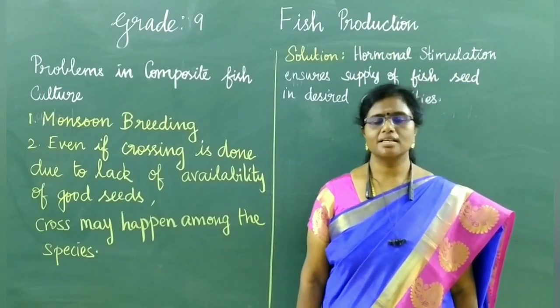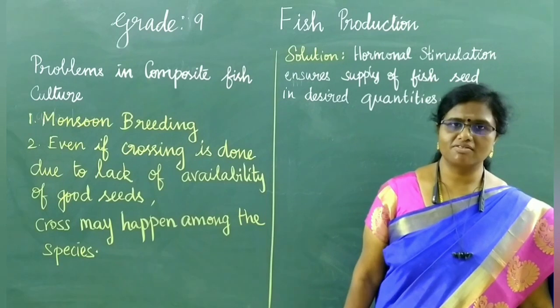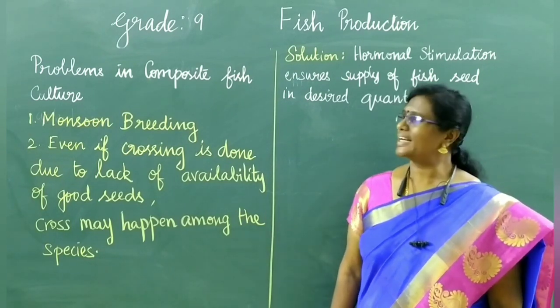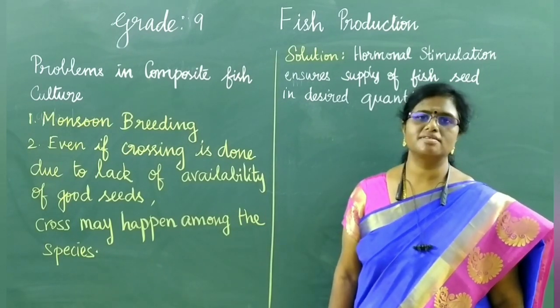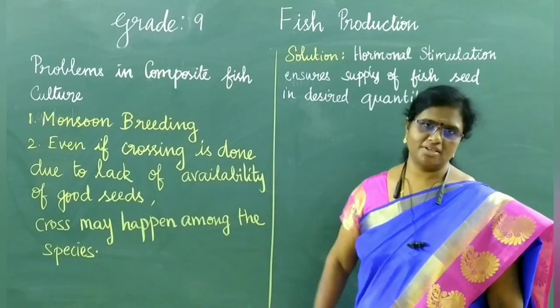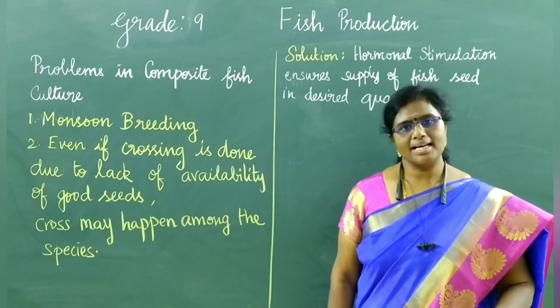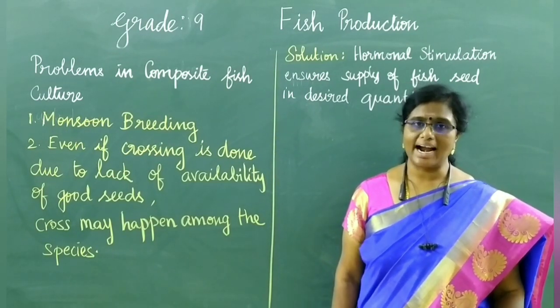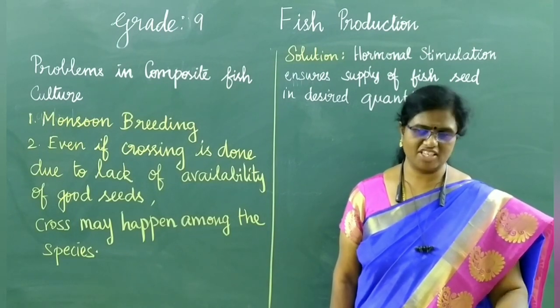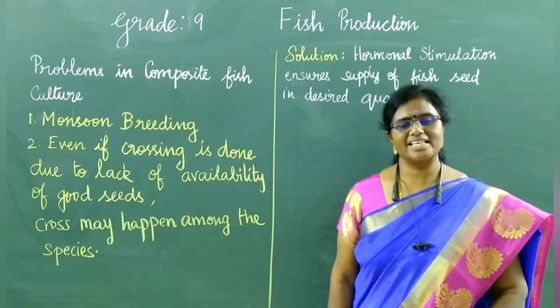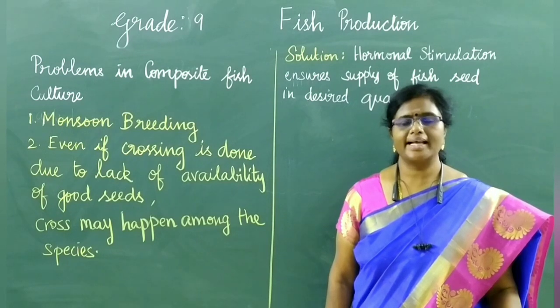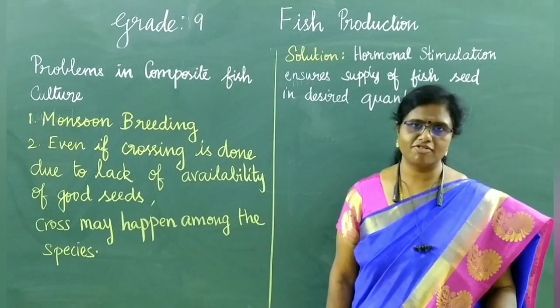Dear students, we have seen about composite fish culture. Now let us see what are the problems we face in composite fish culture. So in the last part we saw about the advantages of composite fish culture, where food wastage will never happen and there will not be any competition for food.